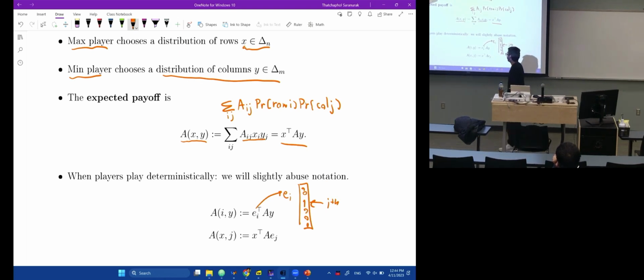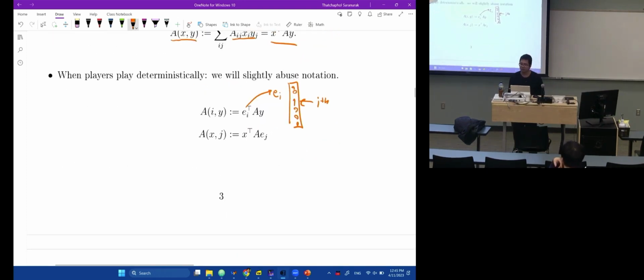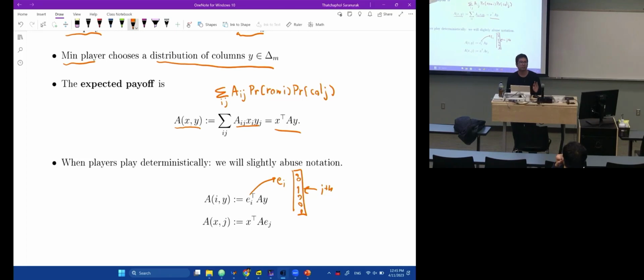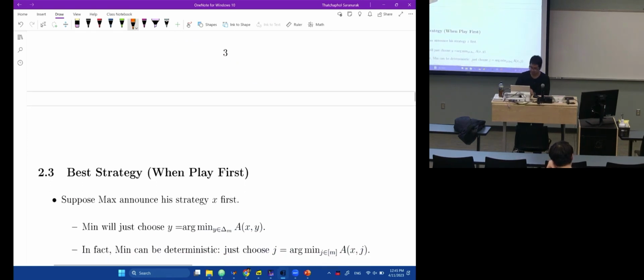We can also say, what about A(X,j)? This is just the expected payoff when the min player chooses j deterministically. Right? Question about notation so far? Okay.